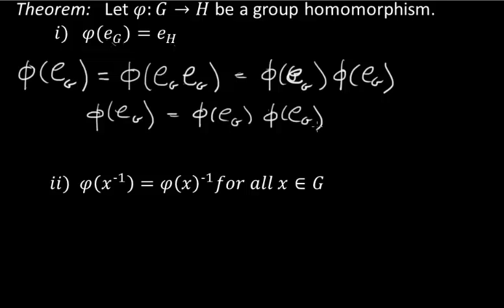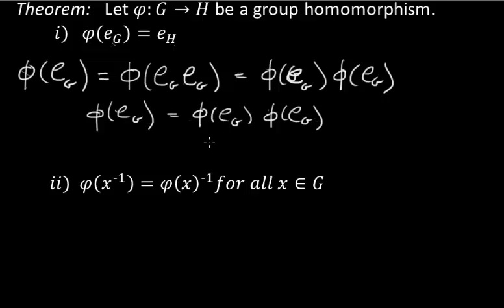That's what we have here. Now, where do these things live? Where is phi of e sub G? It's in H, isn't it? So what we're saying is that this is an element of H that is equal to itself squared.